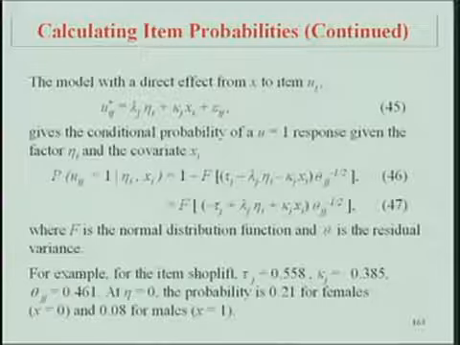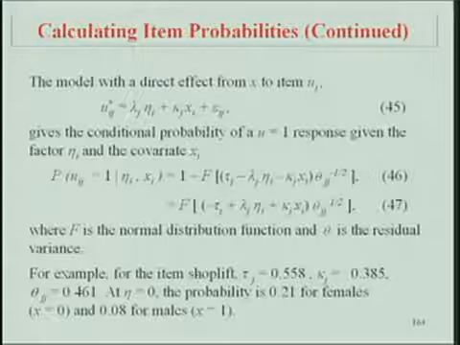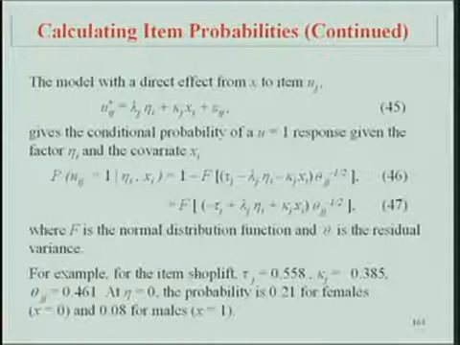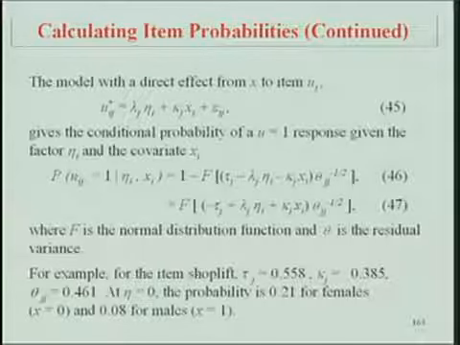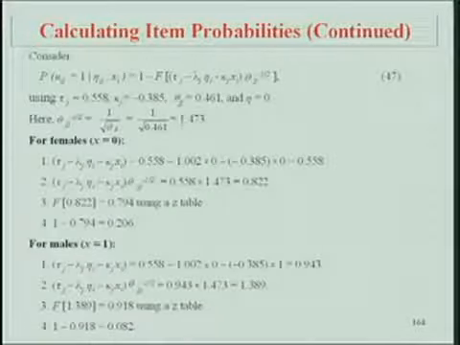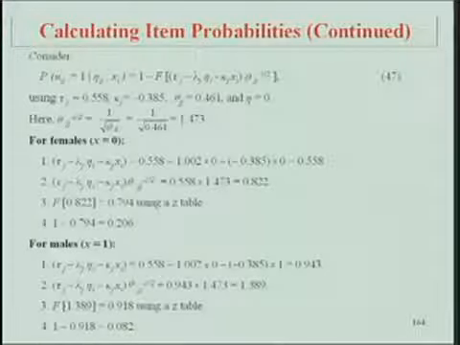So at the factor value of 0, this is how big of an increase or decrease in male tendency to shoplift there is at eta equals 0. Eta equals 0 is not the mean here, it's just a convenient value that we chose. And in even more detail, here's how it was done. So if you want to go through these steps and really know how to compute this, this is what you do.